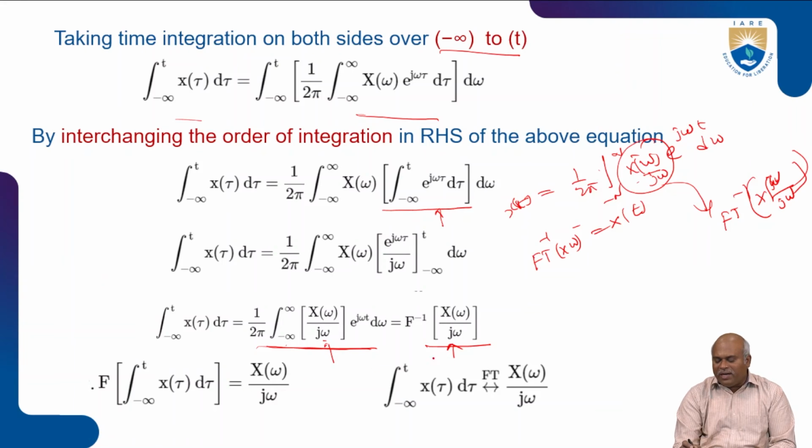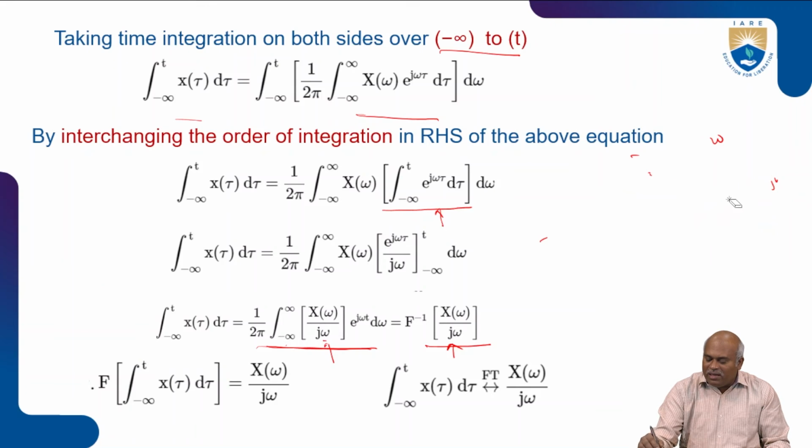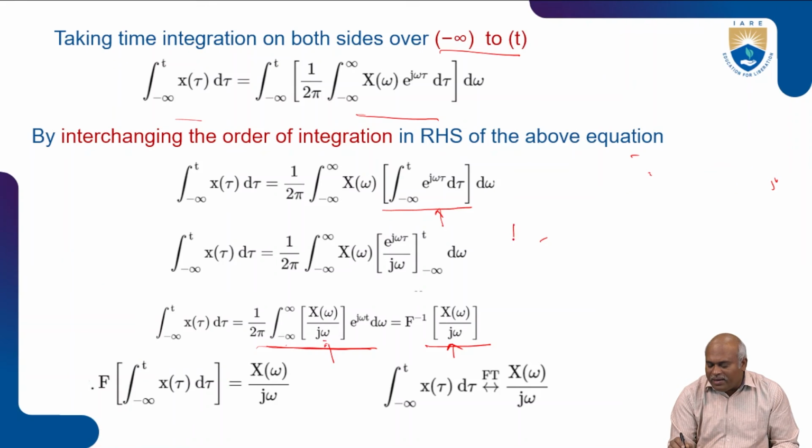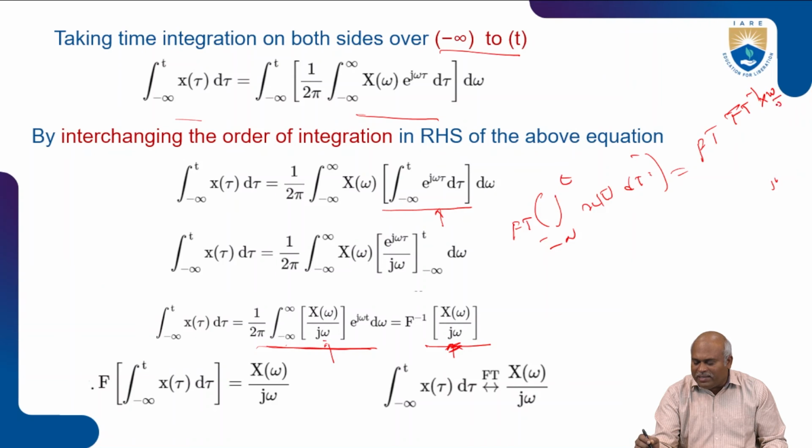Now we take the Fourier transform on both sides. On the left side we have the Fourier transform of the integration from minus infinity to t of x of tau d tau, equal to the Fourier transform of the inverse Fourier transform of X of omega divided by j omega.